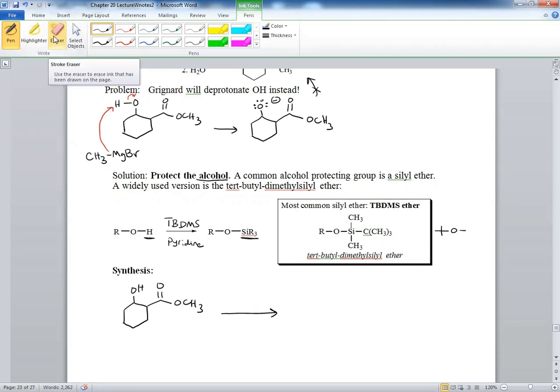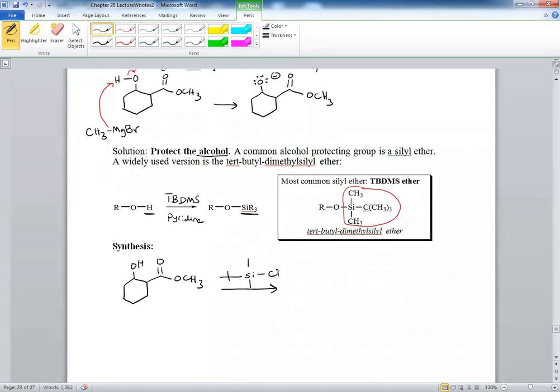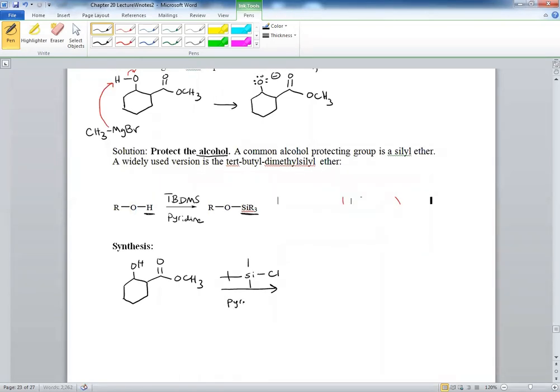Actually, I'm just going to show it in the example down here. So basically, this is a protecting group. This is after it's been protected. So it would look like this. So the Cl is your leaving group. You have pyridine.